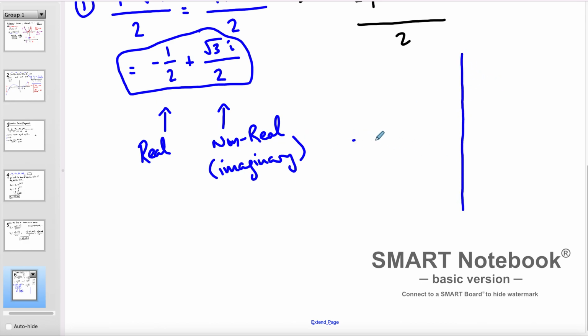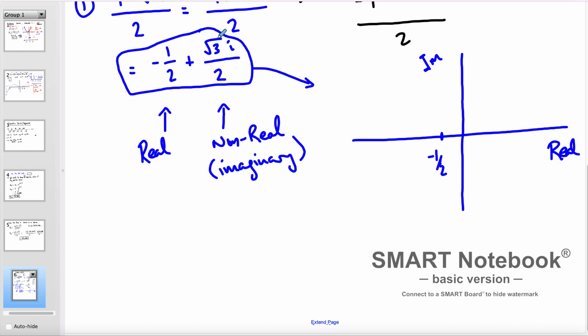Well, we return to the coordinate plane, but this time we have the imaginary plane. We have imaginary numbers as our outputs, and we have real numbers for input. So to graph this number here, our real part is negative 1/2.